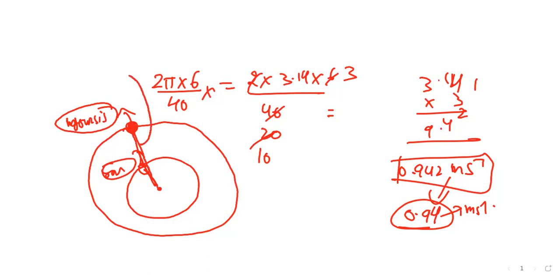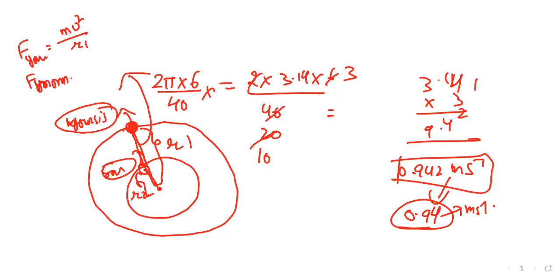So what is the force she is going to experience? Let's say this radius is r1 and you are at a distance r2. Now the force experienced by your sister is going to be m v square upon r1, right?